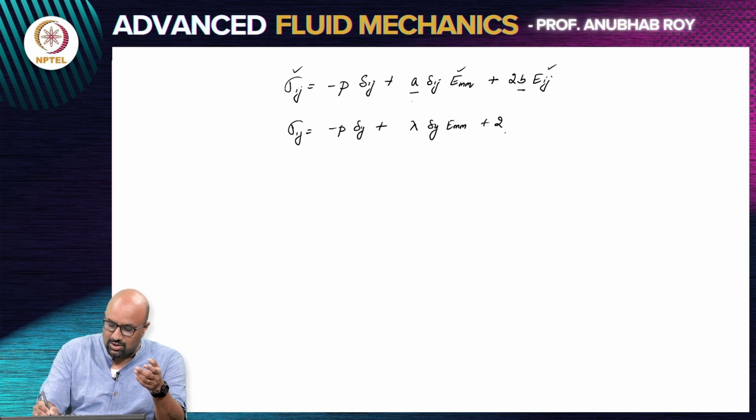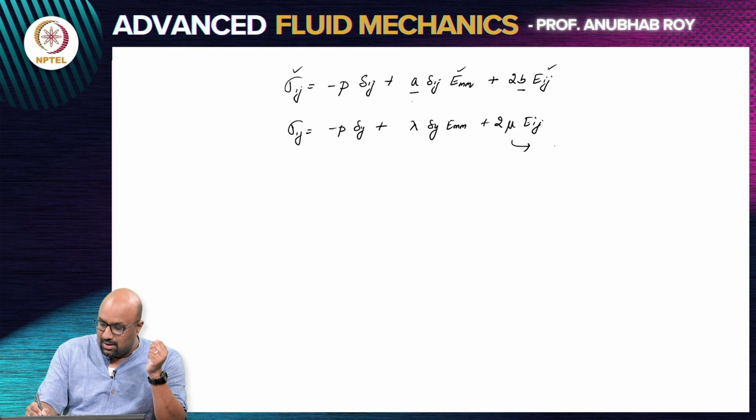So, I will use notations that we are all familiar with. I do not want to introduce something new here. This is the coefficient of dynamic viscosity, mu, and lambda is the second coefficient of dynamic viscosity.